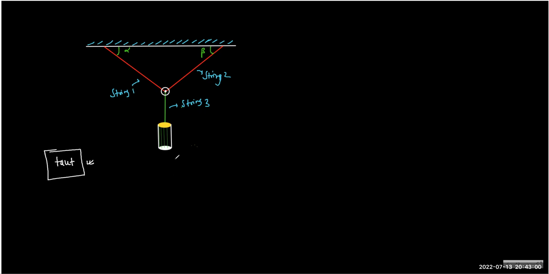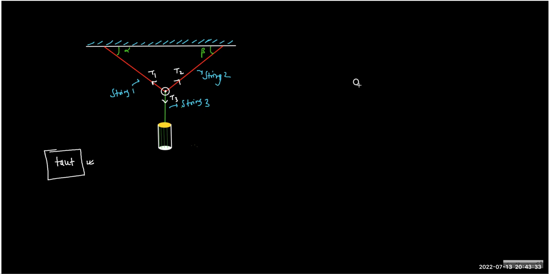So the idea of tension is it is a pulling force. It pulls the object concerned. So I'm considering the circle, and I can see there are three separate branches coming from the circle. All will pull this point like this, and like this. So can we say the tensions are T2, T1, and T3?